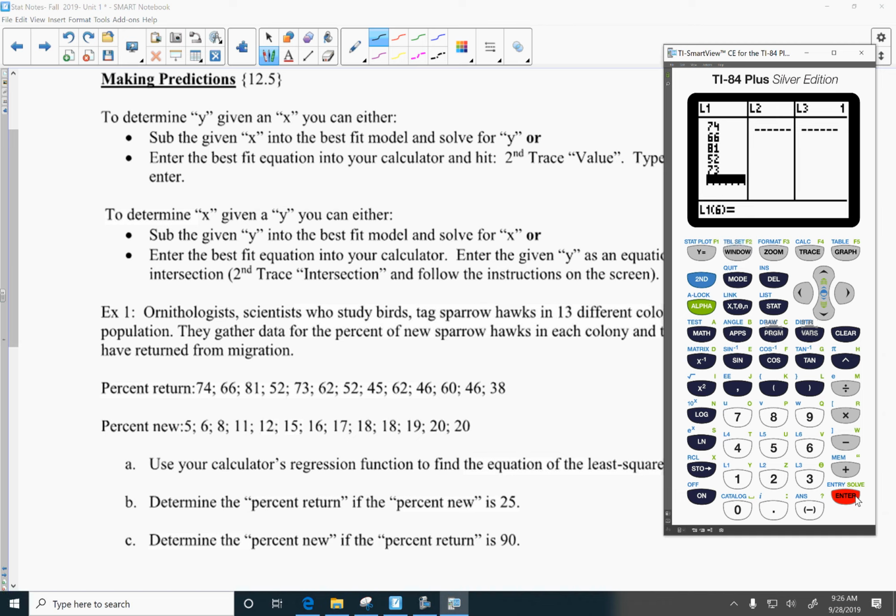Oh no, just stat edit. Oh, okay. And clear the L1.